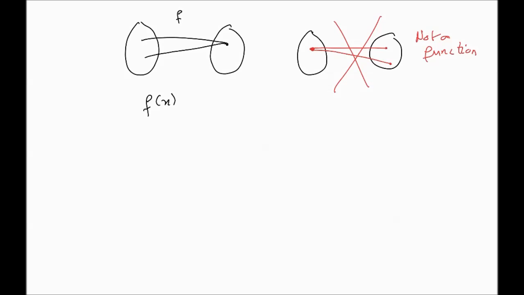For instance, if we look at the function f of x equals x squared, now if we look at it from a mapping perspective, f of 2, 2 is mapped to 4, and minus 2 is also mapped to 4. Now that's valid. So f of x equals x squared is a valid function.